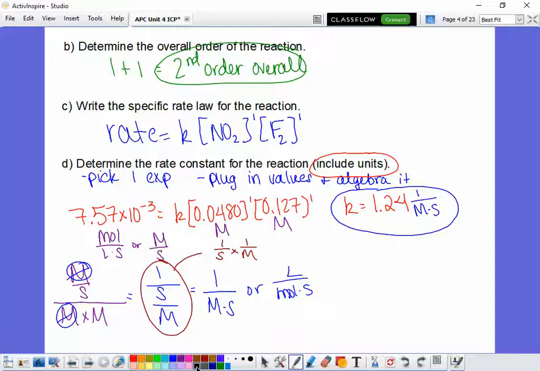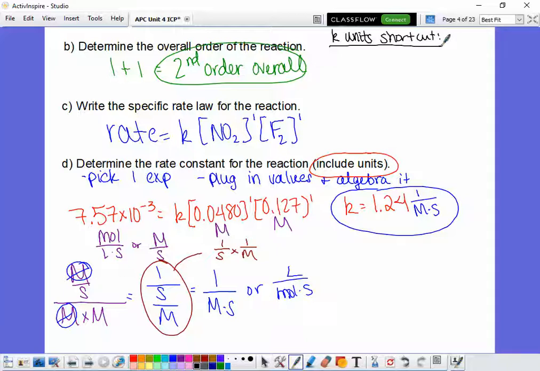The shortcut. The unit shortcut for K is based off of the overall order.